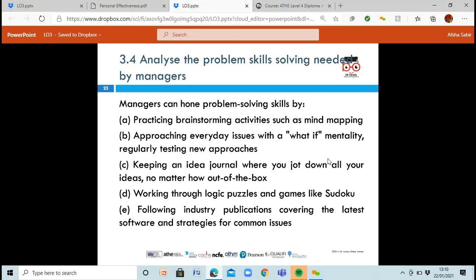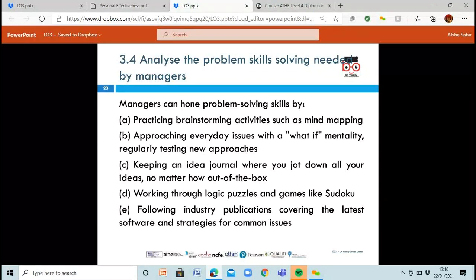So overall, managers can sort out their problem-solving skills. They can brainstorm activities. They can do mind mapping, where they're thinking, what step will take me to the other. They can approach everyday issues with, what if we did this? What if that was to be implemented?